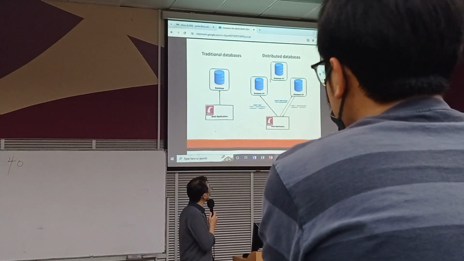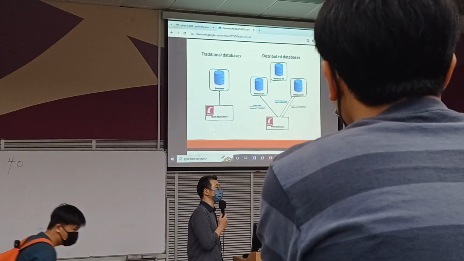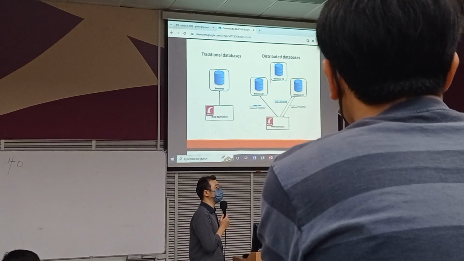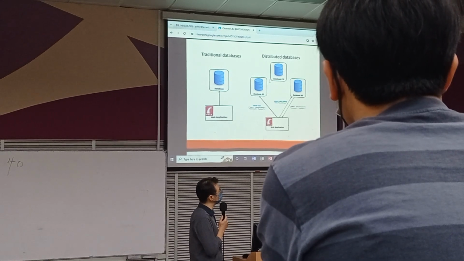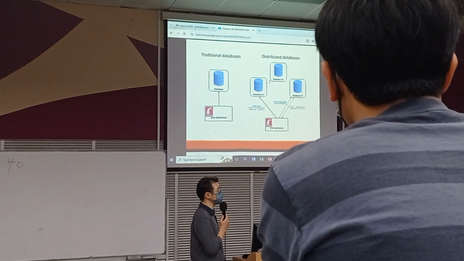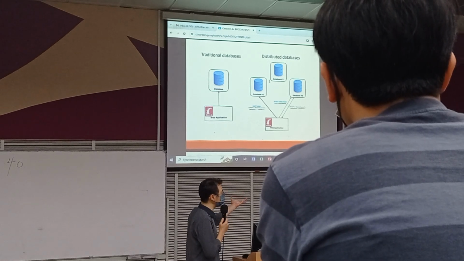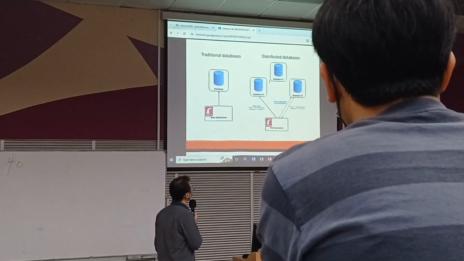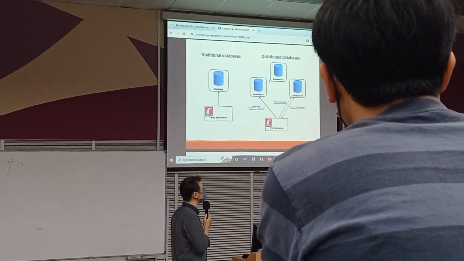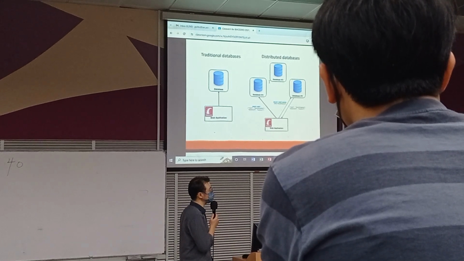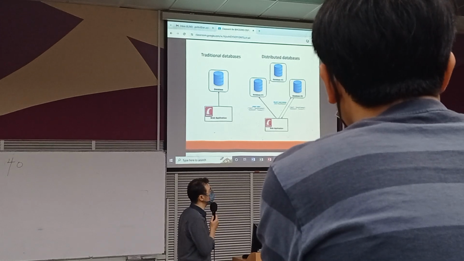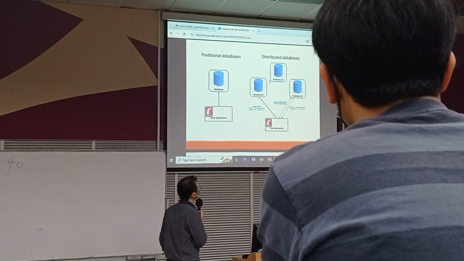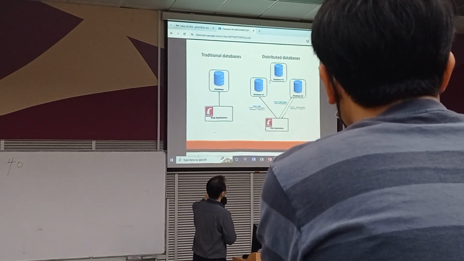Let's say, for example, in Japan you have earthquake events very often, right? If an earthquake happens, then power cut, for example, or the facilities are destroyed, that means your data is gone because the facility is destroyed. But your web application is still able to retrieve the information from the Malaysia database. So a distributed system appears to provide you a better solution compared to a traditional database.